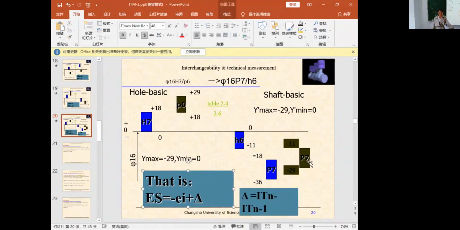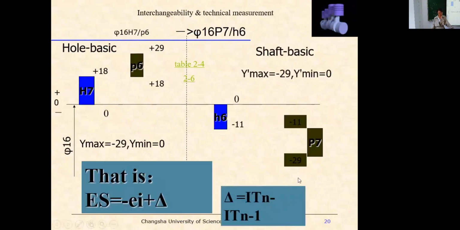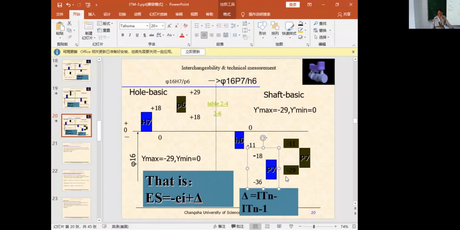So when we add a delta and find the table's delta value, this tolerance is moved up to here. So it is minus 29. This is minus 11.